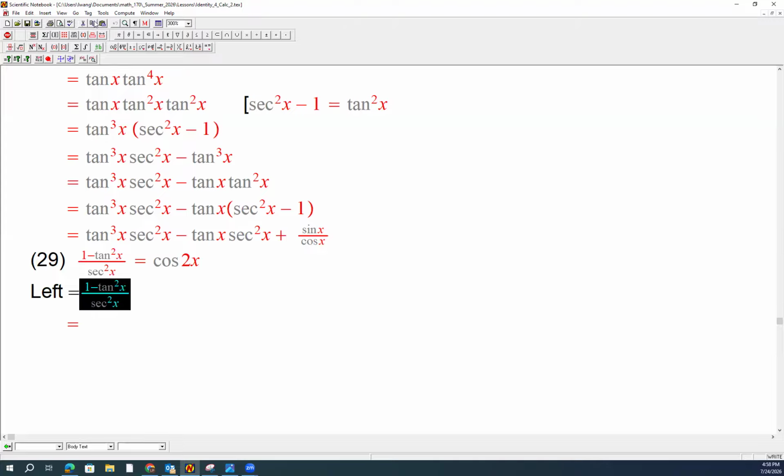In this piece, we're going to write 1 minus tangent squared, which is sine squared over cosine squared, and secant squared is 1 over cosine squared.